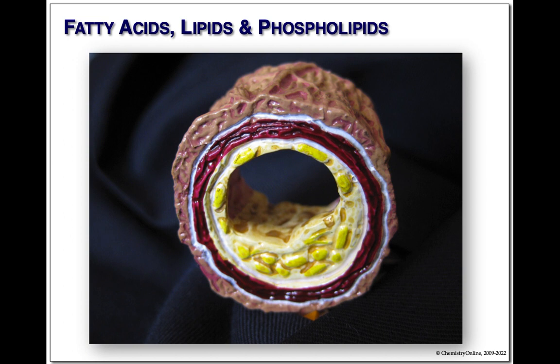The real devil here is not the cholesterol. It was just going along for the ride. The real devil is the carrier protein that becomes badly oxidized, clumps together, and makes these plaques.